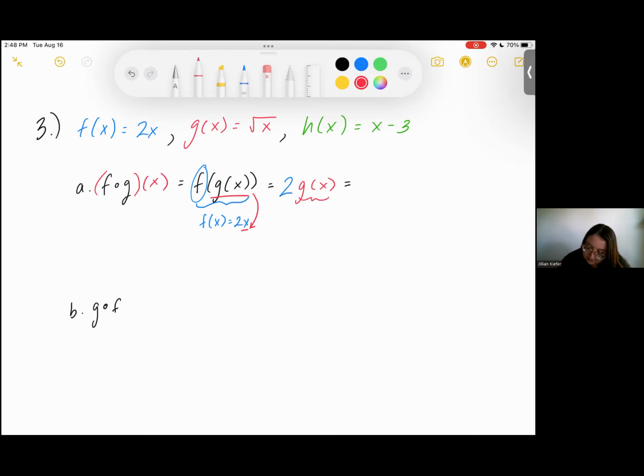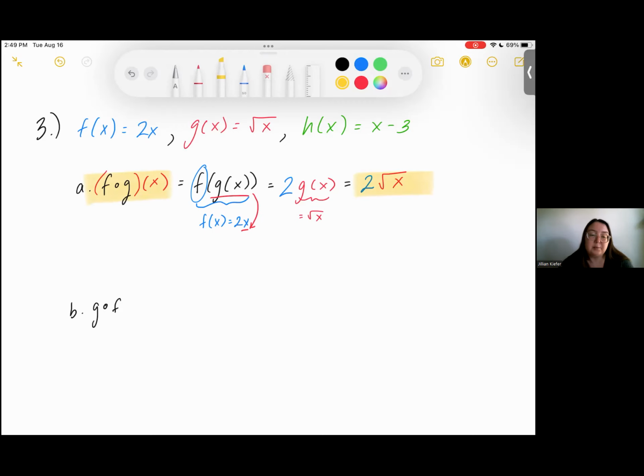G of x is the square root of x. So in our final answer here, we would get 2 times g of x, which is the square root of x. So our composition f of g of x is 2 square root of x.